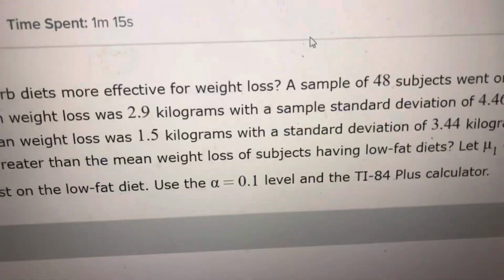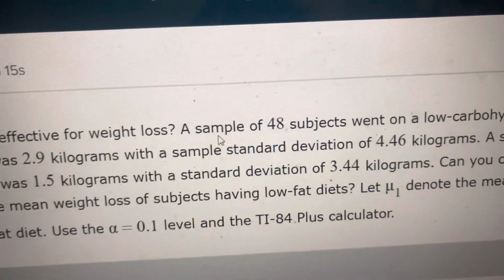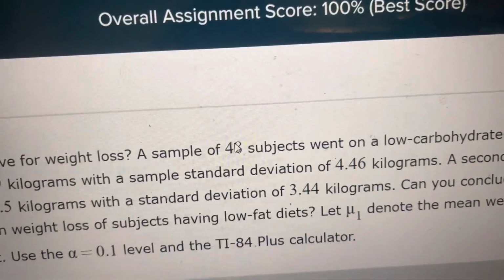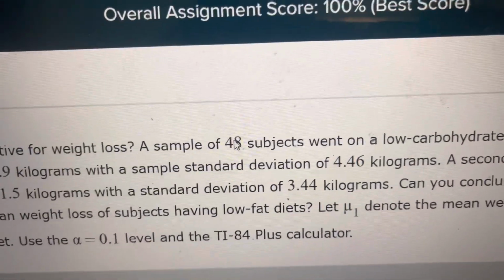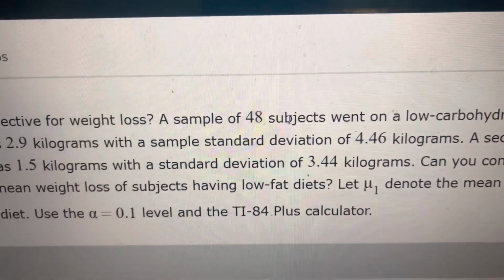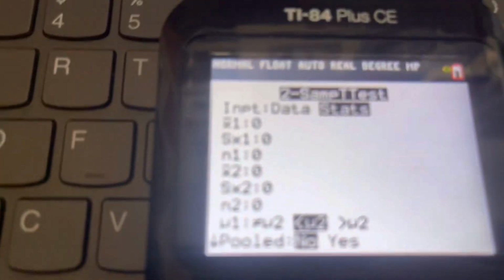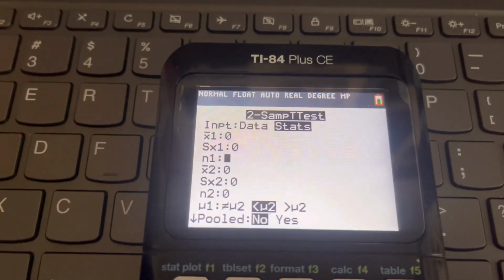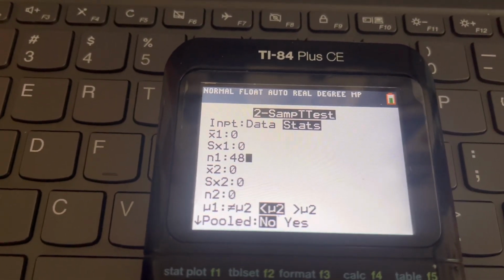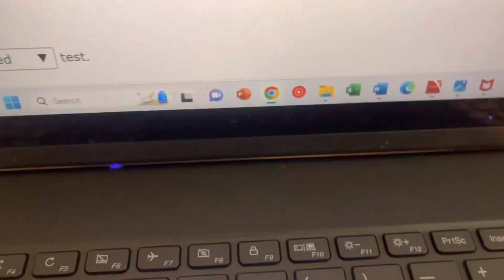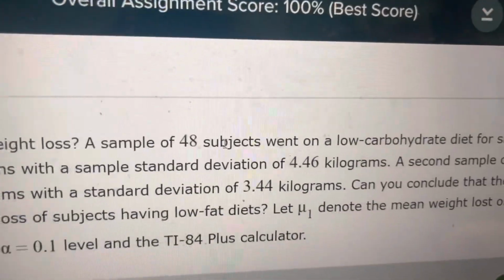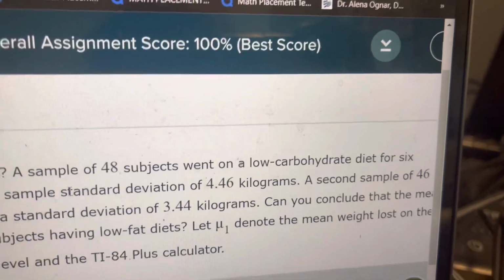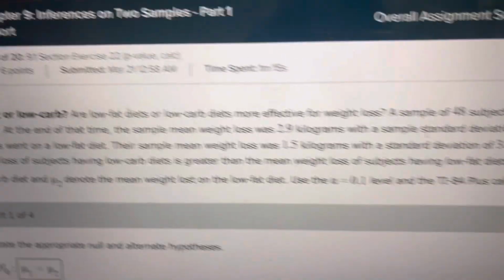So let's go back up here. Again, it all starts right here. This is for the low carb diet. A sample of 48 subjects right there. So first we can go all the way down here. So 48. Good. That is the sample number. Let's go back. Sample 48 subjects went on a low carbohydrate diet for 6 months.